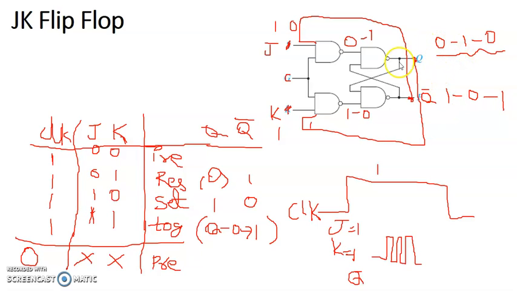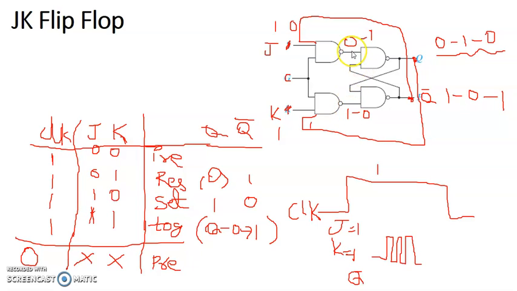So here it was 0, K is 1, and the clock has been applied. One of the inputs is 0 here, so the output is 1. So I'll get this 1. This was 1 here. So 1, 1 and 1. All these are 1, so the output is 0. So I get 0 here, I get 1 here. 0 and 1 with the S bar and R bar.